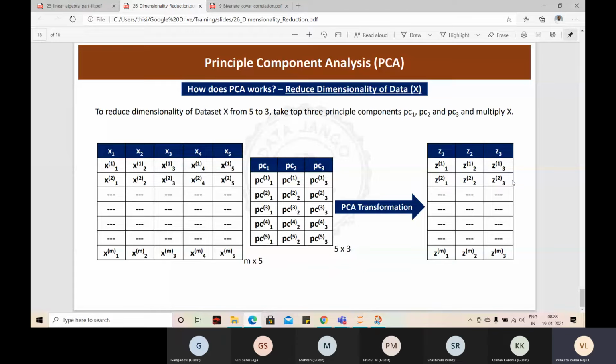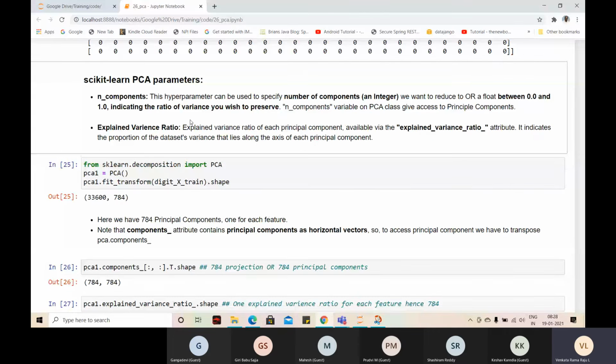If I say 5, it's going to get 5. If I say 2, it will take only 2 and produce this. If you specify an integer, that many columns will be produced: Z1, Z2, Z3 if you say n_components is equal to 3.